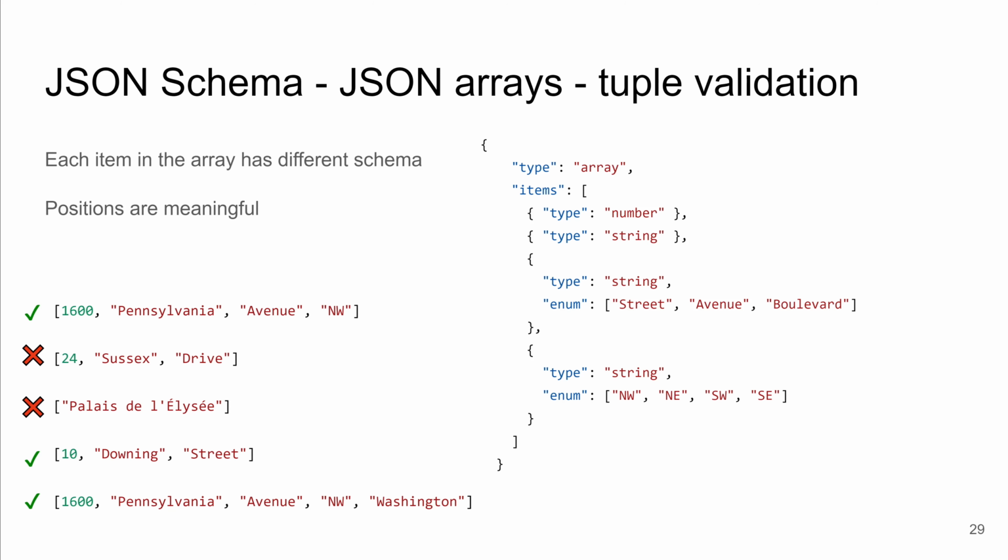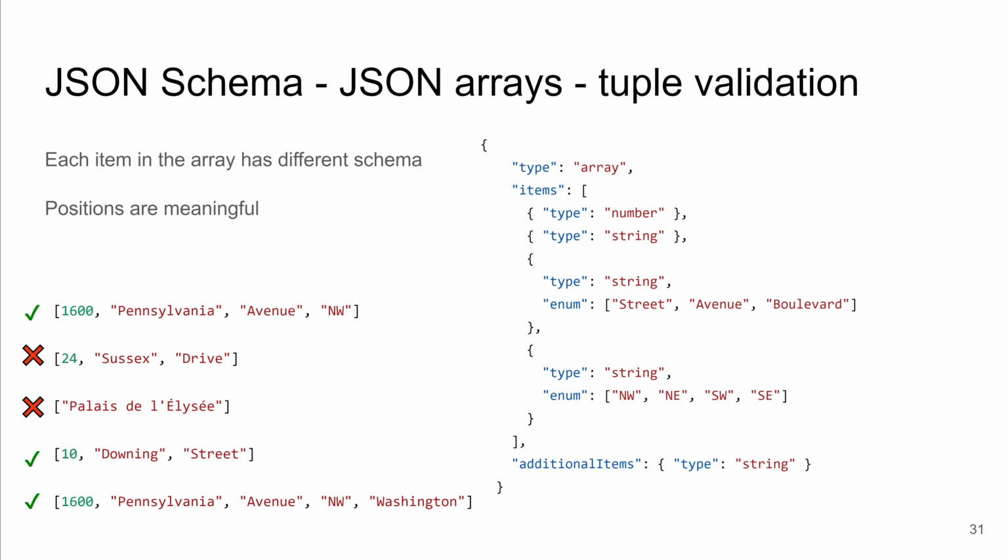So in this case, it is in the tuple validation mode. However, if we do not want to allow adding additional items, we may specify that by saying additional items false in the schema. And in this case, the last JSON array is now invalid because it has 5 items and we only want 4 items.